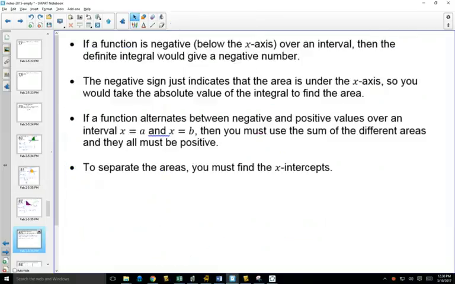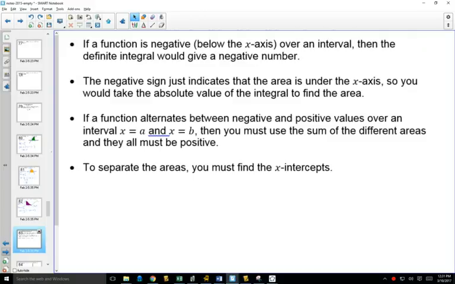So we've talked about this before already as some of the properties. If a function is below the x-axis over a certain interval, we saw that the definite integral would also be a negative number. And that negative sign is just telling us that the area is below. It's still giving us the correct area. It's just giving us the area below.